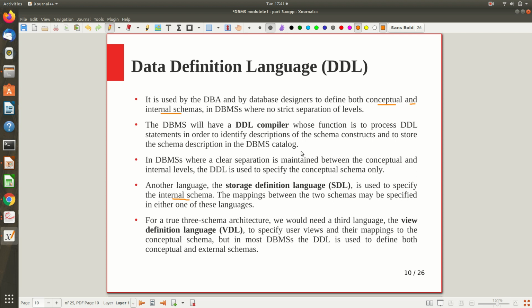Practically, DDL and DML are handled by something called Structured Query Language, SQL, and its variations like MySQL and Oracle. Whichever you are comfortable with, you will use for the backend design.